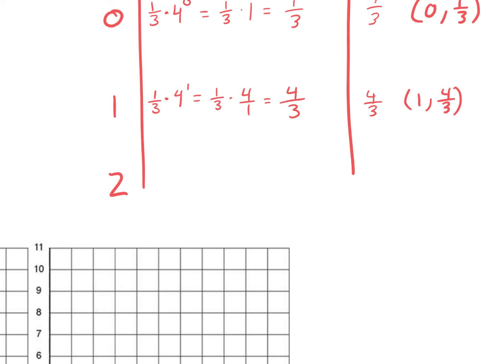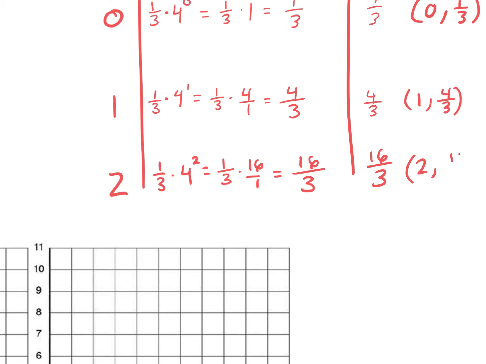And then lastly, we want to plug in 2. So we have 1/3 times 4 to the power of 2. What's 4 to the power of 2? 16. So 1/3 times 16 over 1 would be 16 over 3. What is our point?